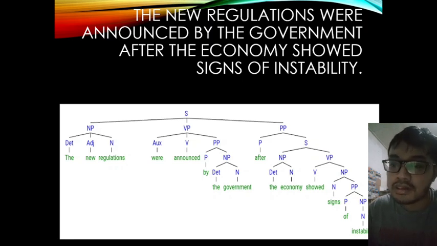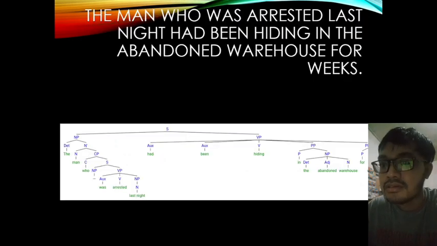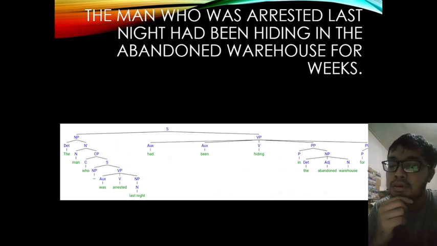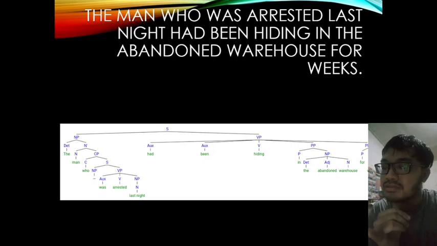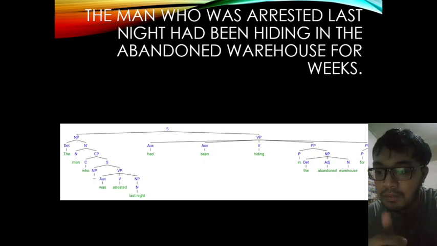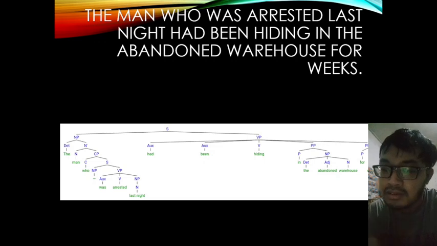Anyway, the next sentence: The man who was arrested last night had been hiding in the abandoned warehouse for weeks. So the main subject is the man, modified by a relative clause, who was arrested last night.